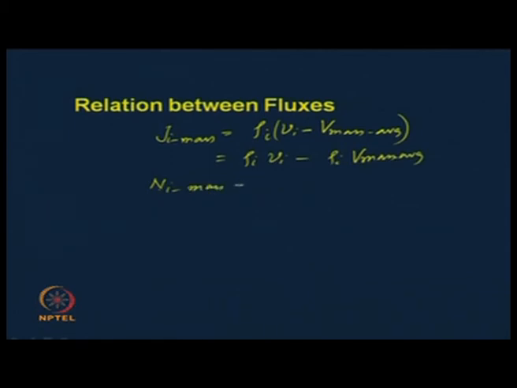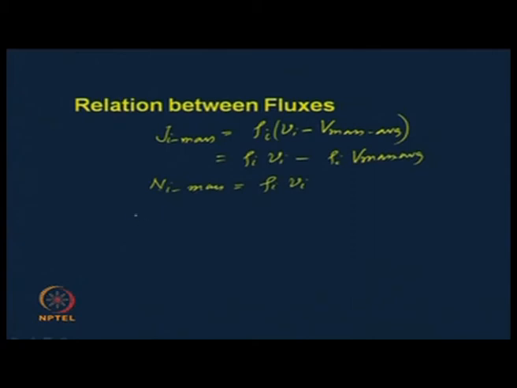J i mass is equal to rho i v i minus rho i v mass average. The N i mass we know, rho i v i.